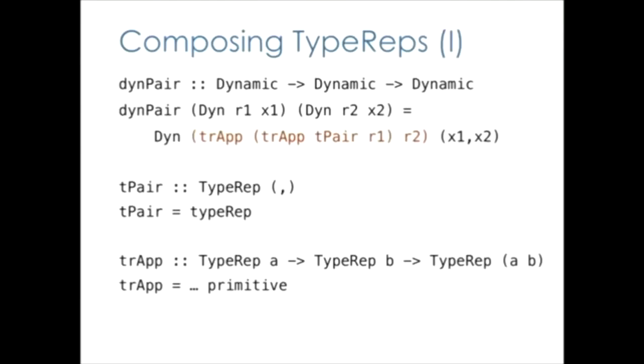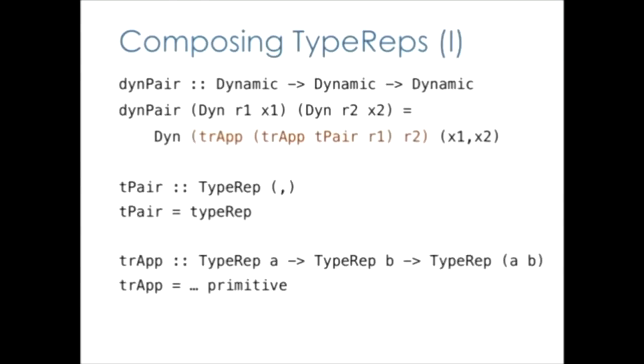So what this is showing is we need not just a way to create ground representations by using just a Typable class, but a way of composing representations together. And the Haskell compiler already has to do that. It had to be able to figure out how to make the representation of Int arrow Int. So it needs something like this already. We just need to expose that because sometimes you want to do that manually.